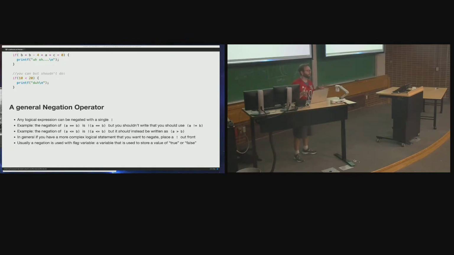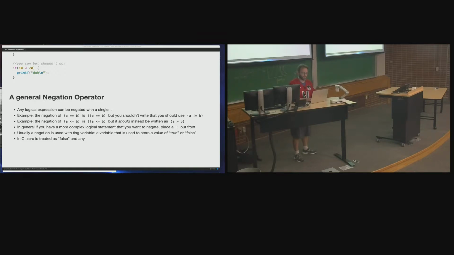You can't create a variable and then set it equal to true. You can't create a variable and then set it equal to false. So instead, what you do in C, any 0 is treated as false, and anything else is treated as true, right? I.e., any non-zero value is true. Right?